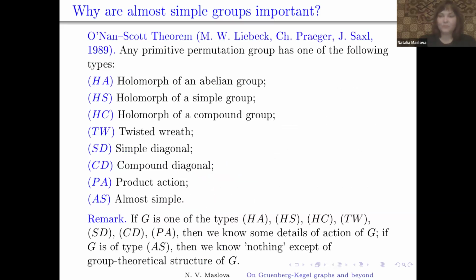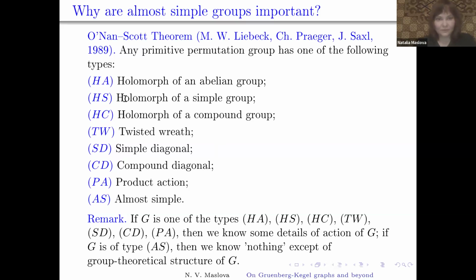And primitive permutation groups were classified. It's the so-called O'Nan-Scott theorem, proved for primitive permutation groups by Martin Liebeck, Cheryl Praeger, and Jan Saxl in 1989. Each primitive permutation group either has a very well, almost geometrical description or is almost simple.